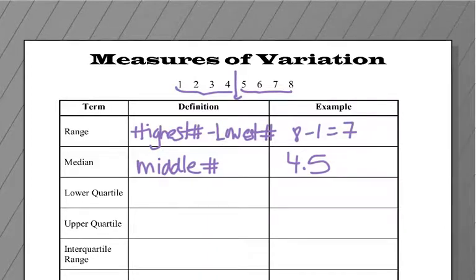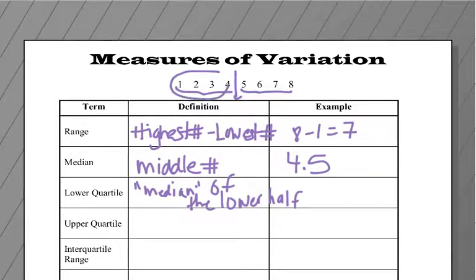Lower quartile is basically the median of the lower half. So the median of the lower half here, if I'm just looking at those numbers, 1, 2, 3, 4, isn't the median of the lower half 2.5? And then the upper quartile is the median of the upper half.